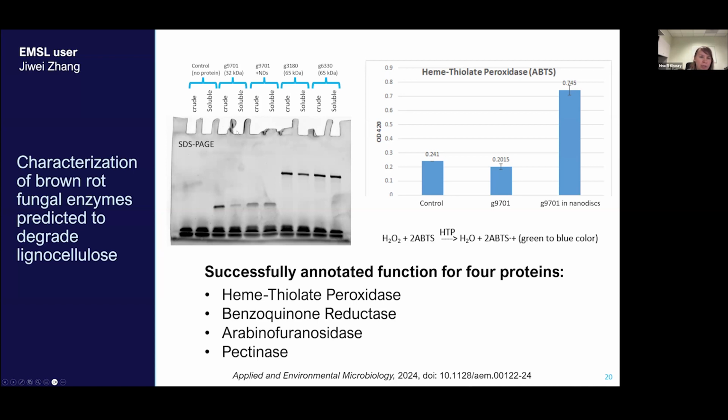Lanes 3 and 4 show the expression of gene 9701 fungal protein. As you can see, it's well expressed as a crude protein, but because it's a membrane protein, it remains mainly insoluble.